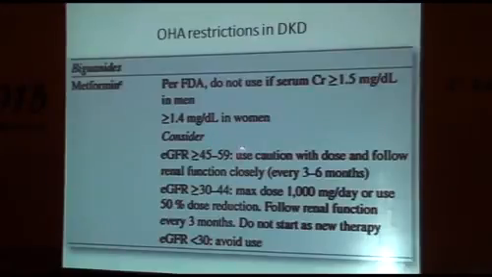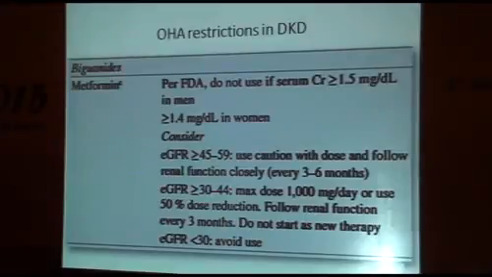For them, accordingly, we can use it with caution with a GFR of 45 to 59, and even from 30 to 44, we can go up to a maximum dose of 1000 milligrams per day, or reduce it by 50%. But they don't advise starting a new therapy in this GFR range.